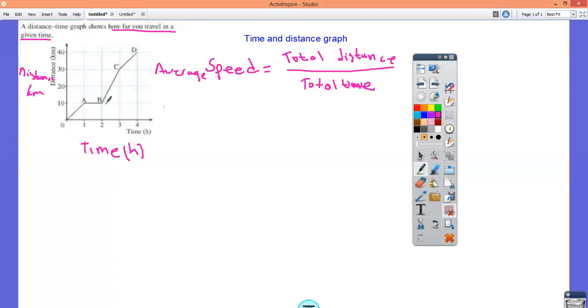In which interval, in which time? Let's say the average speed in 2 hours. The average speed in 2 hours will be what?